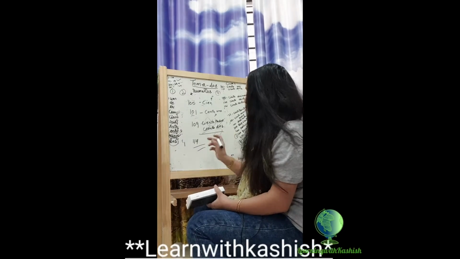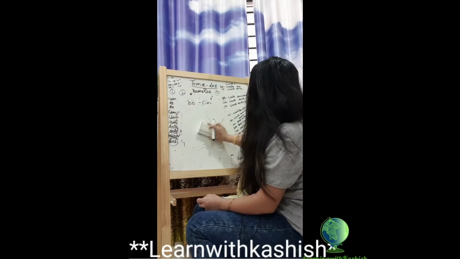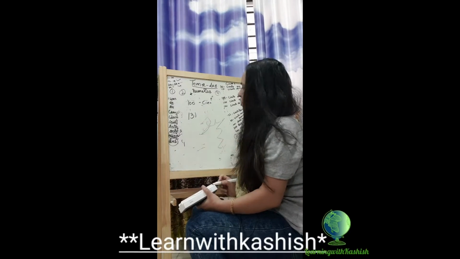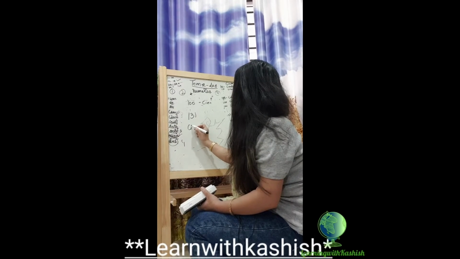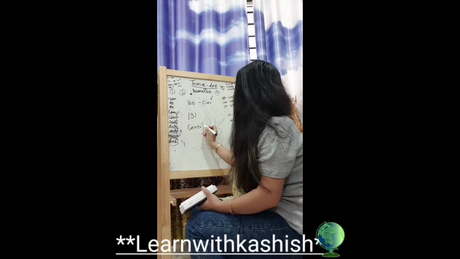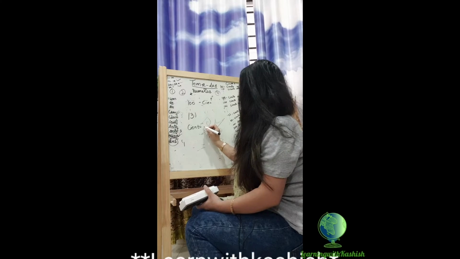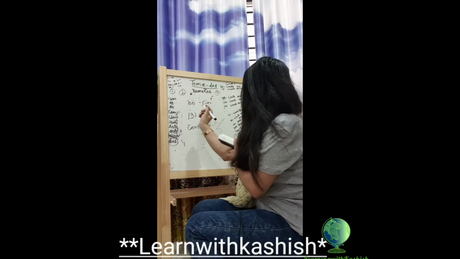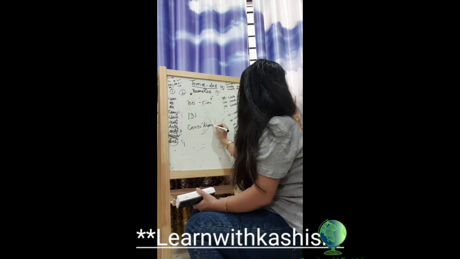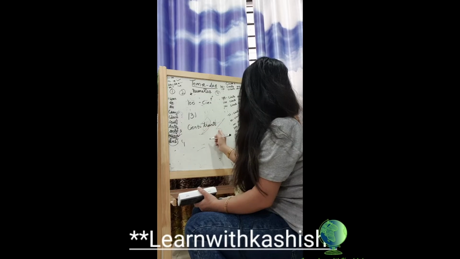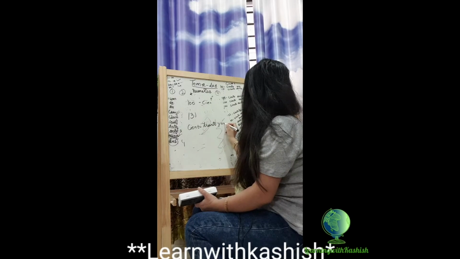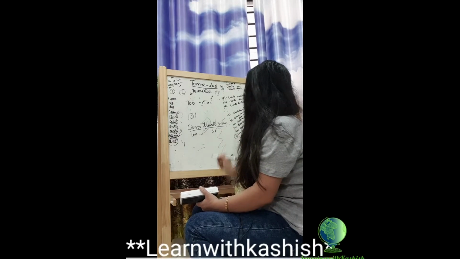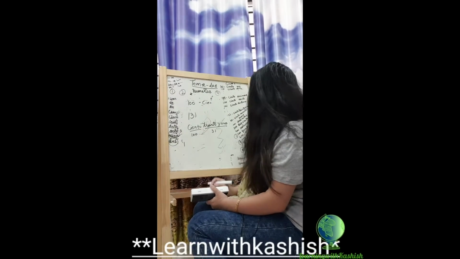Okay. But if it comes to something like 131, how do we write this? Ciento treinta y uno. 131. This is how Spanish people write.